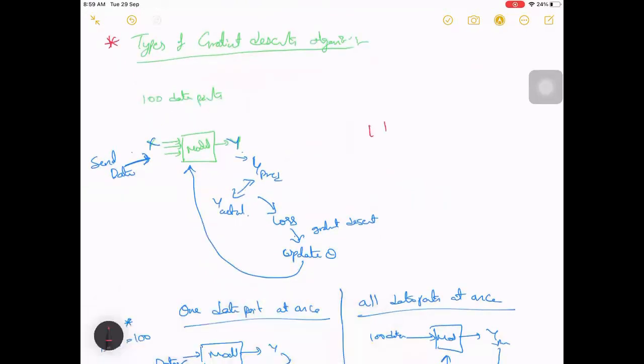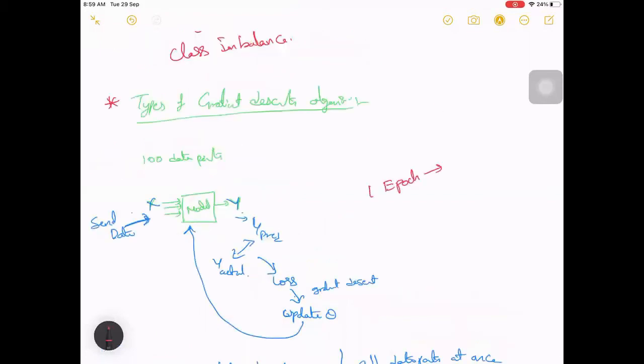One epoch means all data points are trained once, and one iteration is one computation of the loss function.